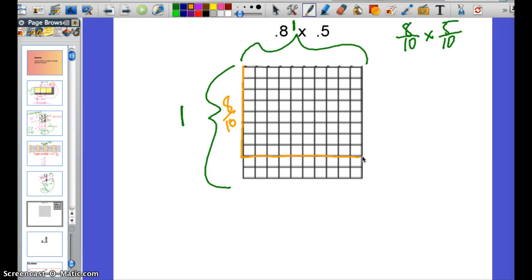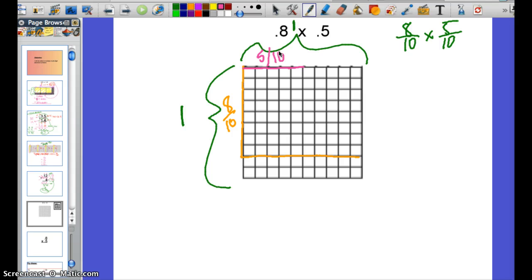Now let's take a look at the top. We've gone 8 tenths down, we're going to go 5 tenths across, just like a regular array. There's 10 parts. I'm going to count over 5 of them. This right here, we've gone over 5, and there are 10 parts total. So we've gone over 5 tenths.